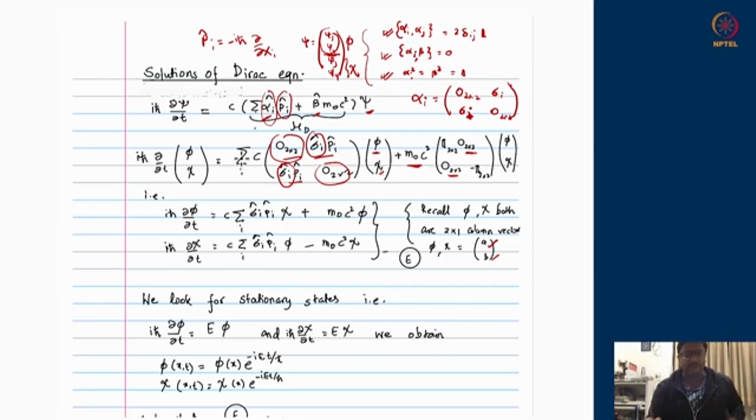I have written one realization of alpha 1, alpha 2, alpha 3, which is off diagonal sigmas, and beta being identity, minus identity along the diagonal. In general you can get another combination of other matrices which also satisfy the same relations in 4 cross 4 dimensional matrix space.